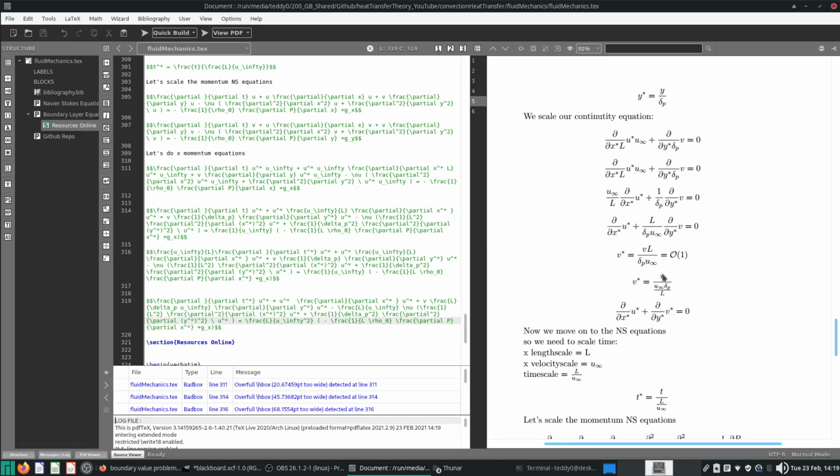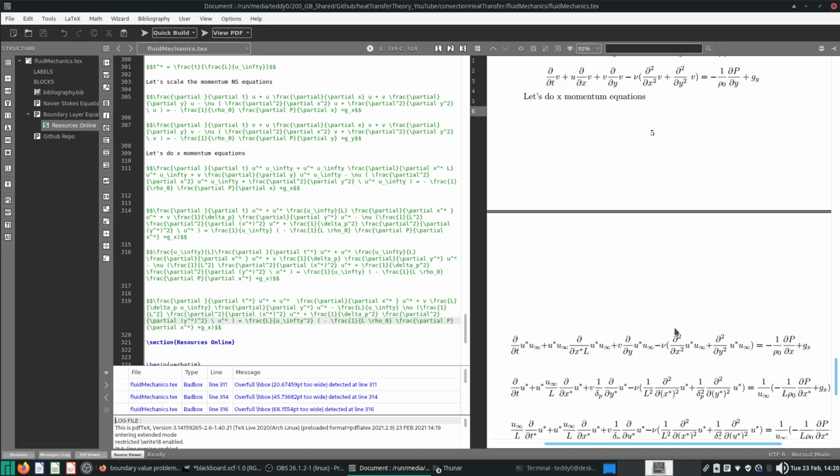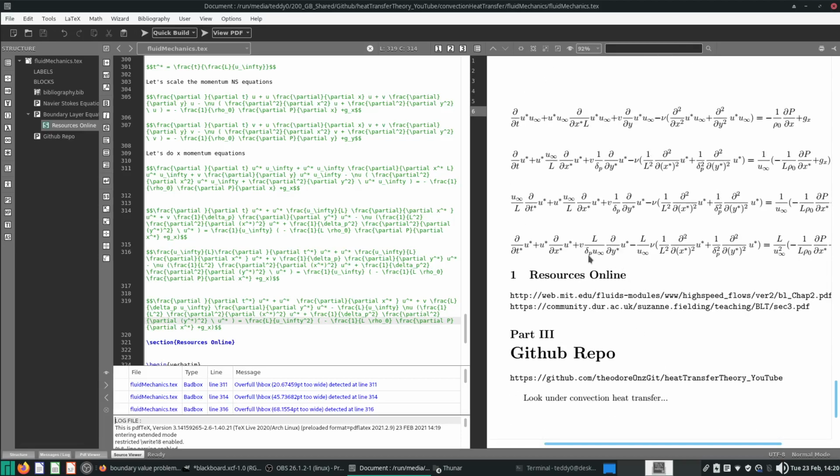V star equals V times L, because if you take the reciprocal of 1 over x, it just gives you x, so you shift this L on top. So V L, u infinity, delta P. What does that give you? This whole group of things here is actually V star.